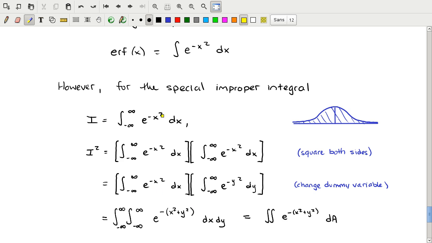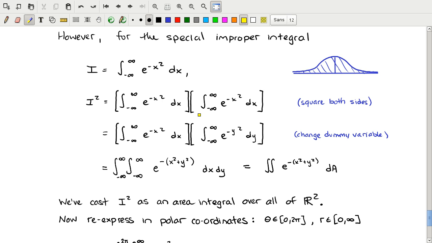Now, I originally thought of this just as one integral squared, but here I have a dx dy sitting there, so let me think of this as a double integral over some area, which consists of the whole real number domain. I'll call that dA, e to the minus x squared plus y squared dA. So if I can calculate this area integral, then I can just take the square root of it, and I'll have my original thing, I.